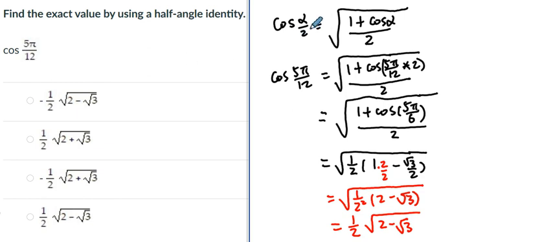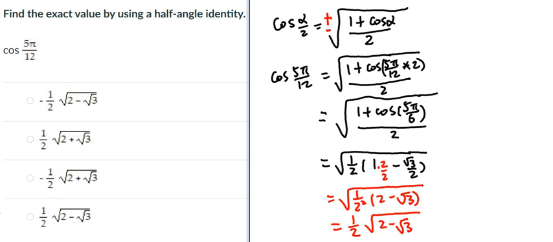If we remember, cosine alpha over 2 equals, here it can actually be positive or negative. Both are possible.